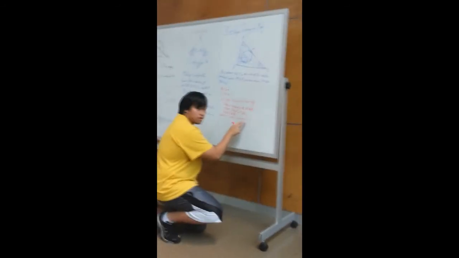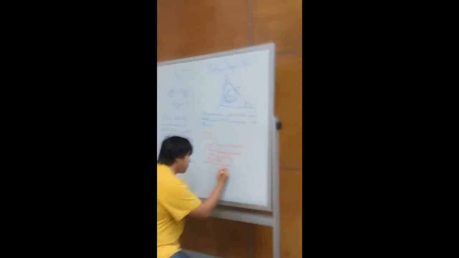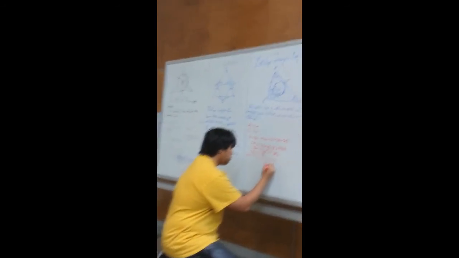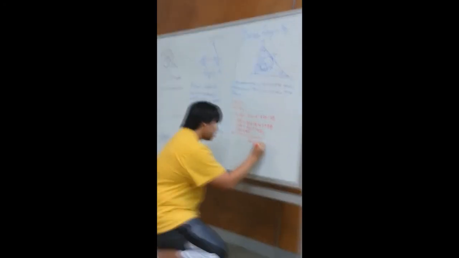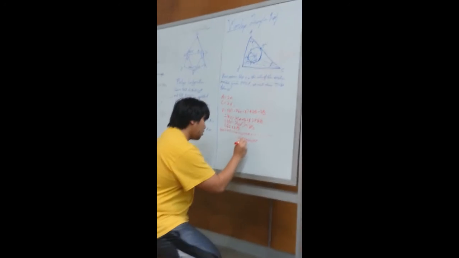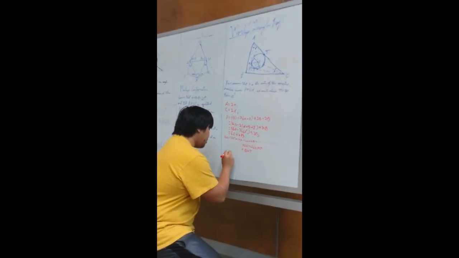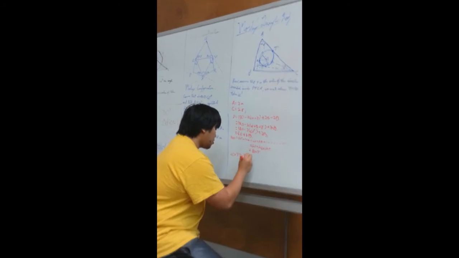This is just equal to 60 plus 2 times 60 plus T, which is just equal to 180 plus T. This gives us that T is equal to 180, which is what we wanted to do.